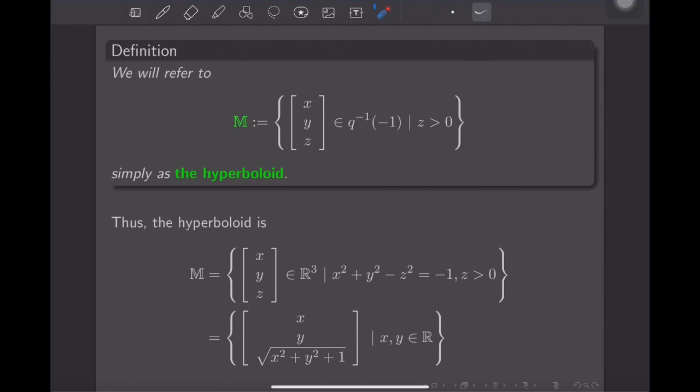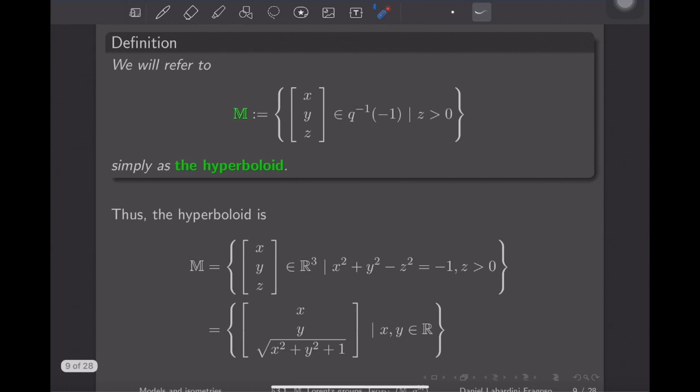Okay, so when one unravels what it means to be in this level set, it means that when you apply Q to the point, it gives you -1. And then you keep track of only the upper sheet.